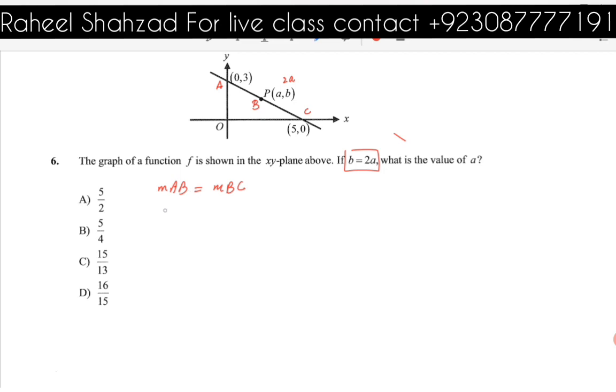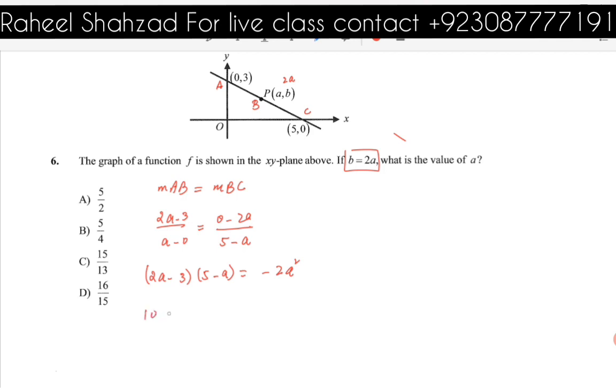So gradient of AB is going to be 2A minus 3 divided by A minus 0, which is equal to gradient of BC, that is going to be 0 minus 2A divided by 5 minus A. So you can cross multiply it. It's (2A minus 3) times (5 minus A) is equal to minus 2A square.